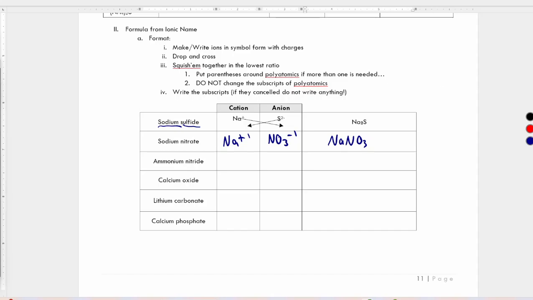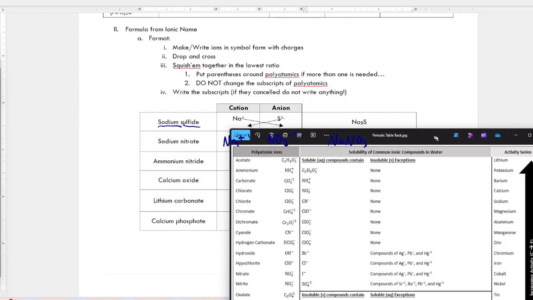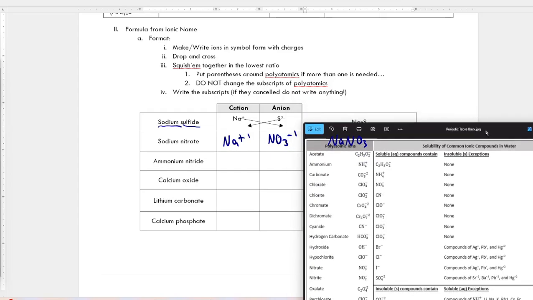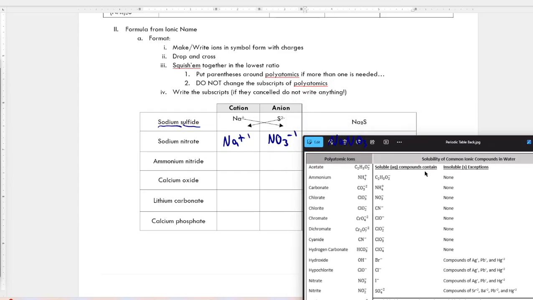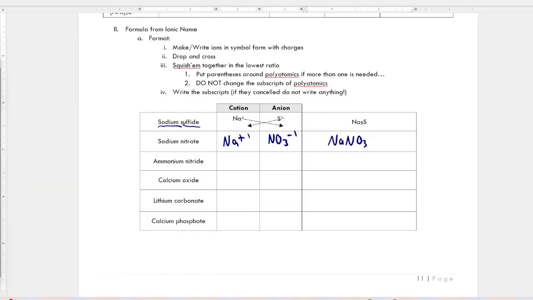Ammonium nitride. Let's look on our polyatomic ions list. We've said ammonium a bunch already. It's the special one. It's the only one that's positive. NH4+. Let's put that one in here. So NH4, and plus means +1. And then nitride.